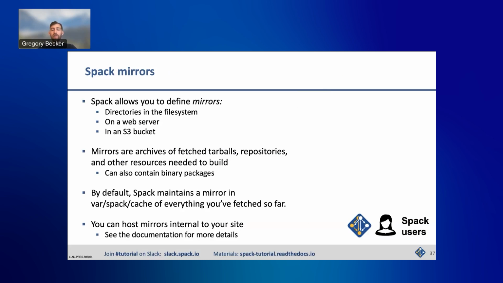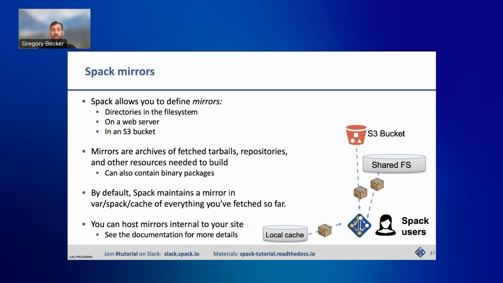By default, Spack maintains a mirror of everything you've fetched so far, called the download cache. You can also host local mirrors, say in your shared file system. That's useful if you have an air-gapped system or the internet is not accessible from the compute nodes of your system that you're building on or anything like that.